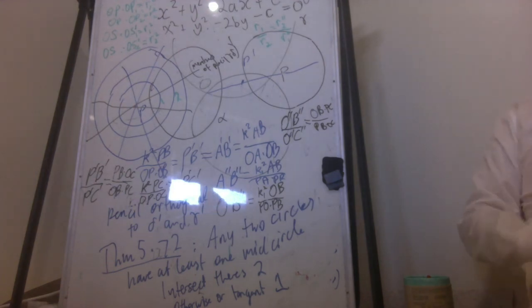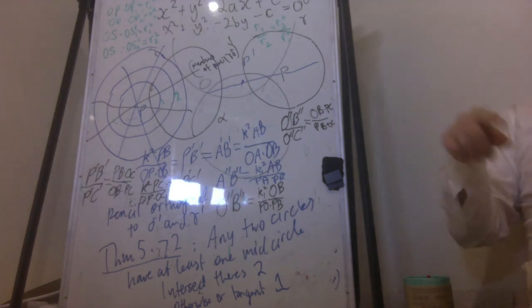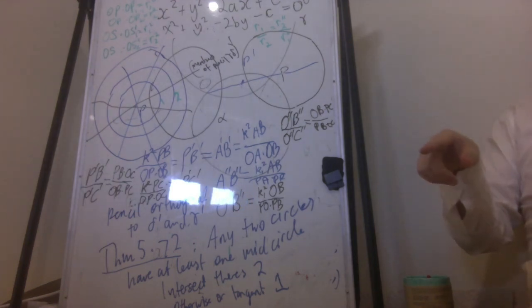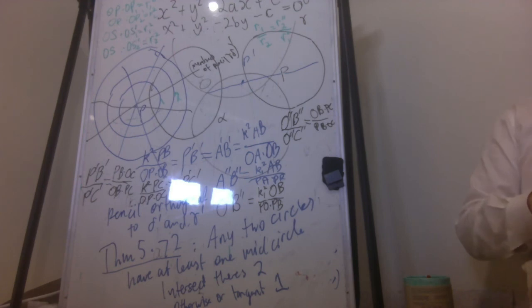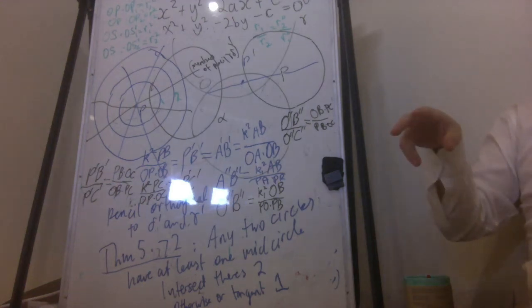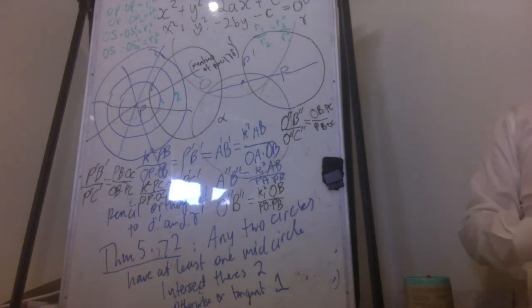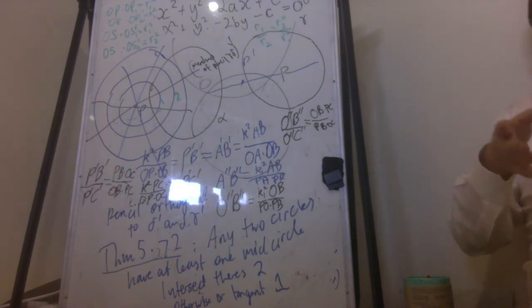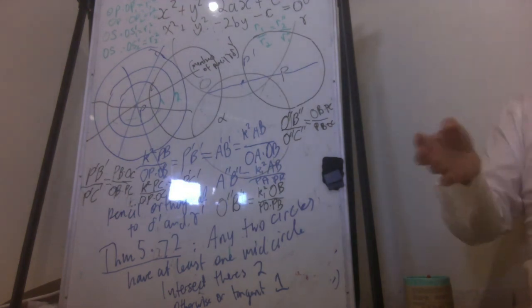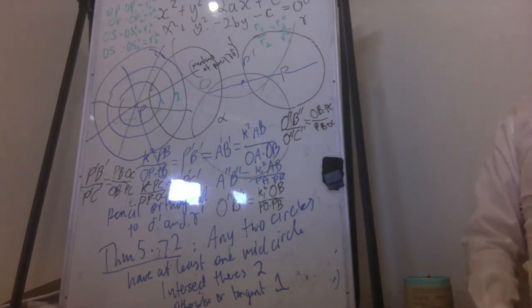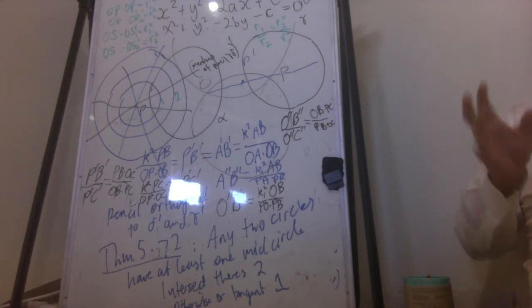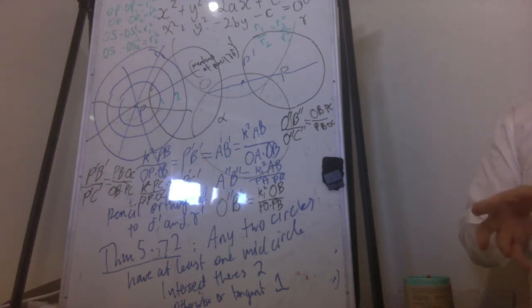The other one was like, if you had two things that invert to each other and one of them's a circle, then the other one's a circle. So if you have two things that invert to each other and one of them's a circle, then both of them are circles.